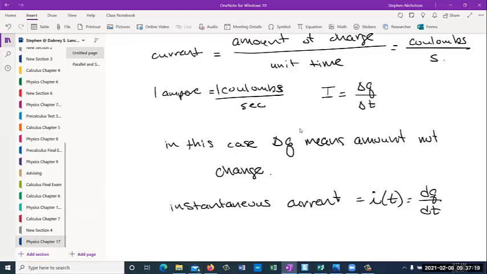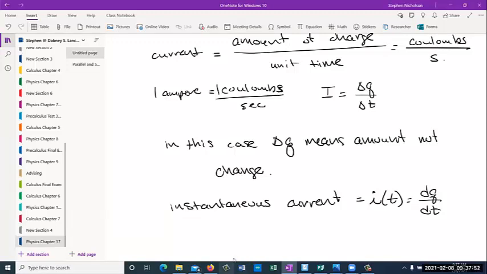Going from the larger scale, delta something divided by delta something, if you take the limit as delta t goes to 0, you end up with current equal to dq over dt. And again, dq is this small amount of charge that passes through a wire per given amount of time. So you want to think of it as flowing electrons, not accumulating electrons, but flowing electrons.